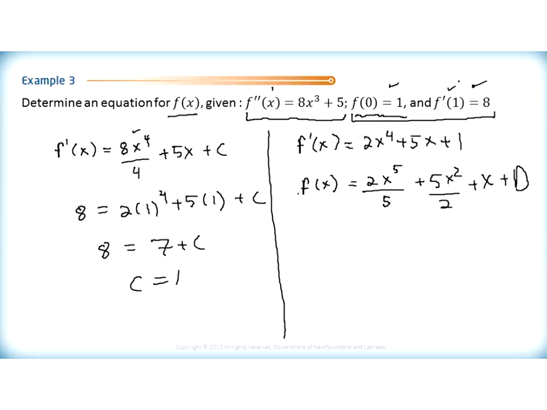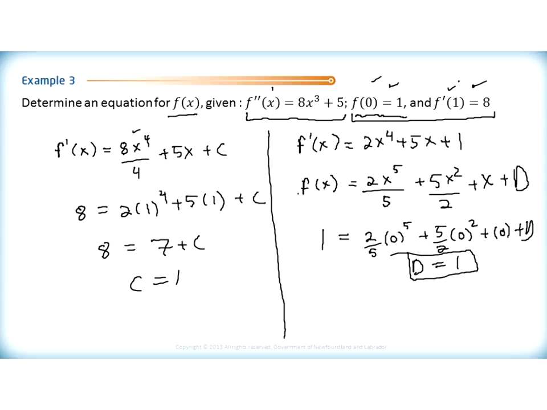D. Alrighty. So we know that f of 0 equals 1. So if I let f of x equals 1, that means x would be 0. So this is 2/5 of 0 to the power of 5 plus 5/2 of 0 squared plus 0 plus d. So that tells us that d equals 1.